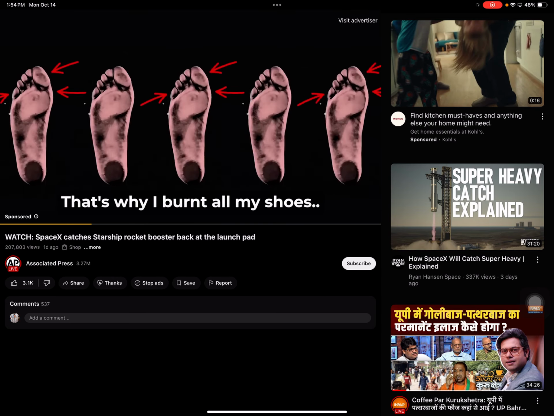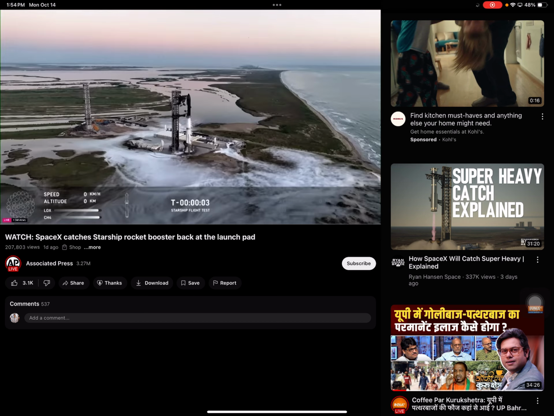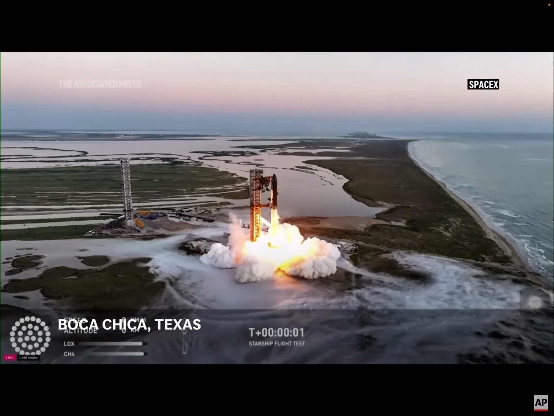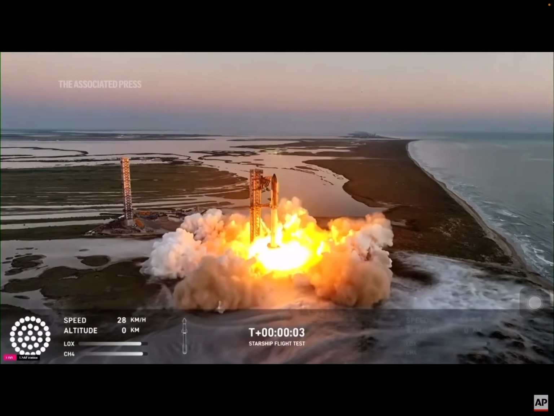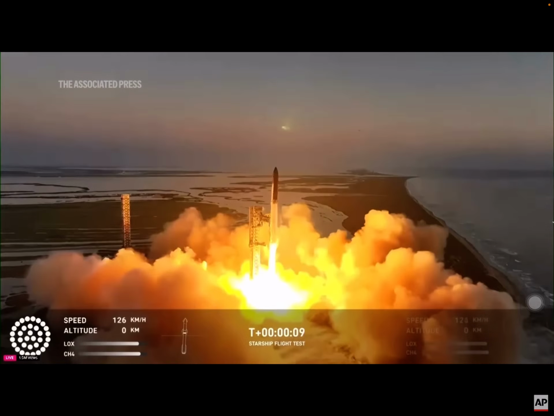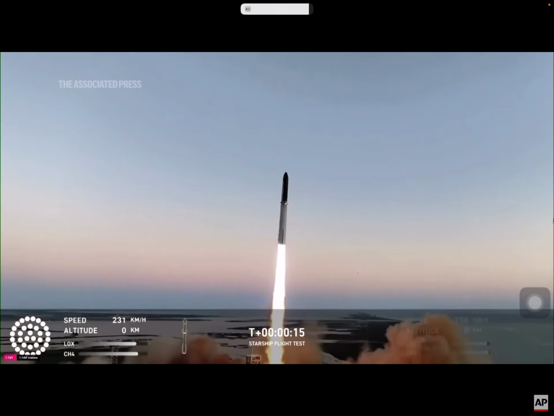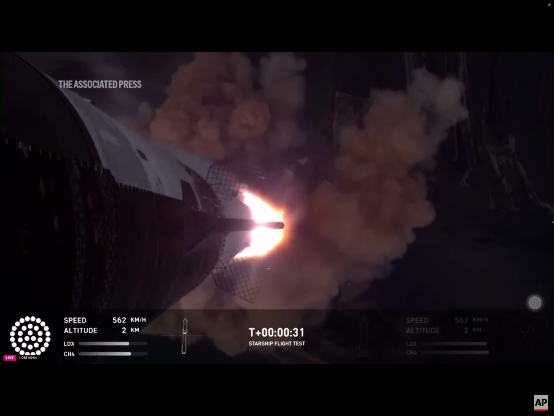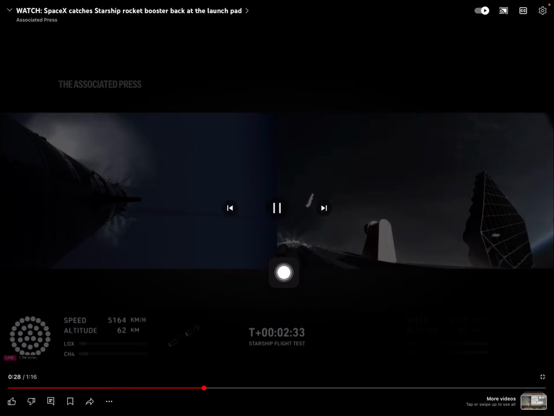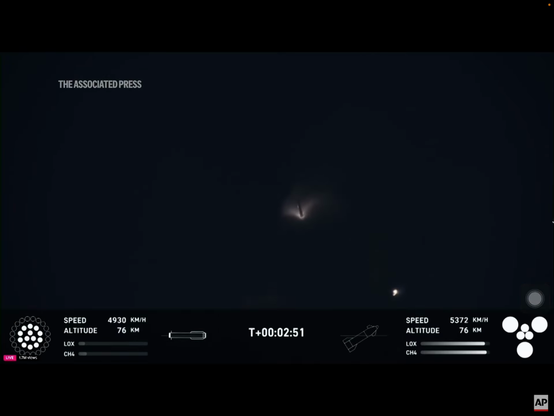That's why I burnt all my shoes, and you should too. Let me explain. All my life I let my feet suffer. 3, 2, 1. We have liftoff. Vehicle pitching downrange. So there's 32 Merlin engines. Coming up on hot stage separation confirmed.